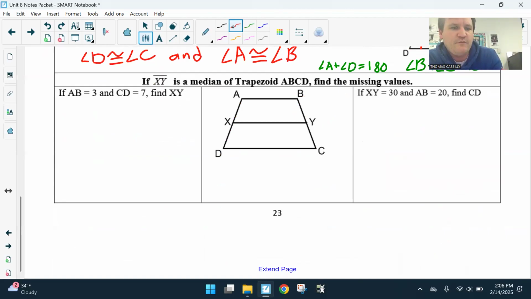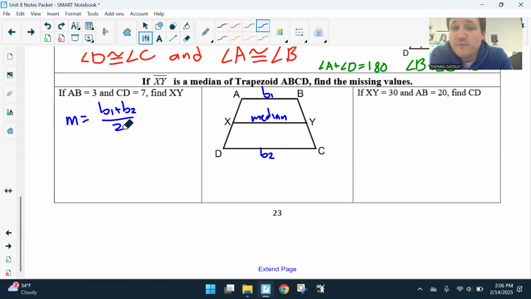So if we look at this next one here, we are trying to find XY. All right, XY is our median. I'm going to call this top one base 1, call this bottom one base 2. We know our median is equal to base 1 plus base 2 divided by 2. Okay, let's plug in what we know.